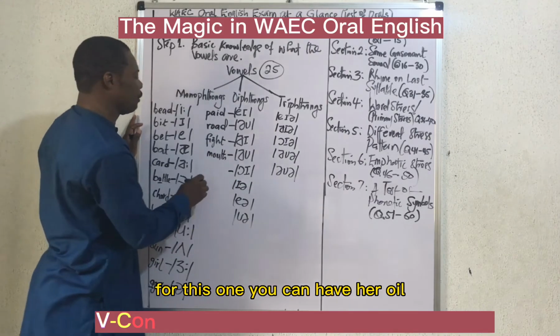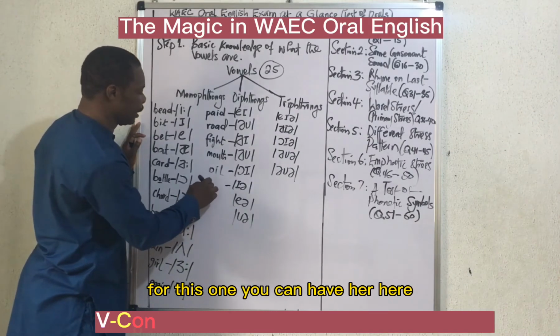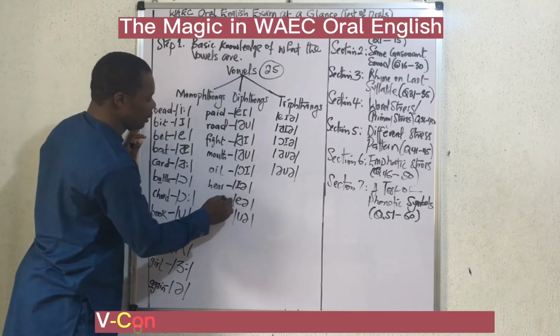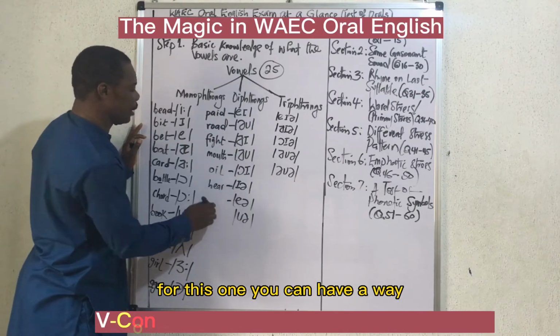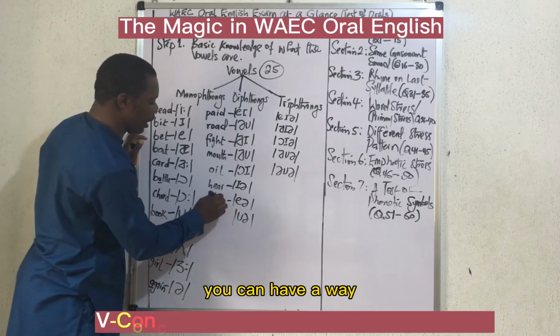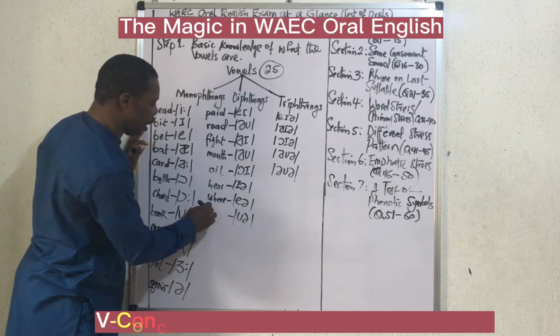For this one, oil. For this one, here. Then, for this one, where. Then for this one, you can have or, for.